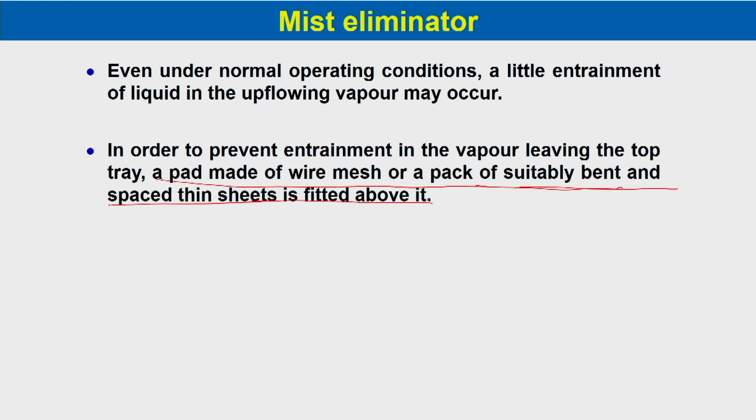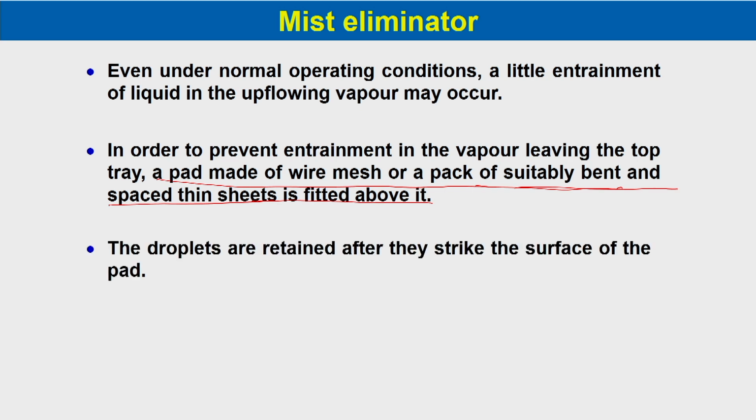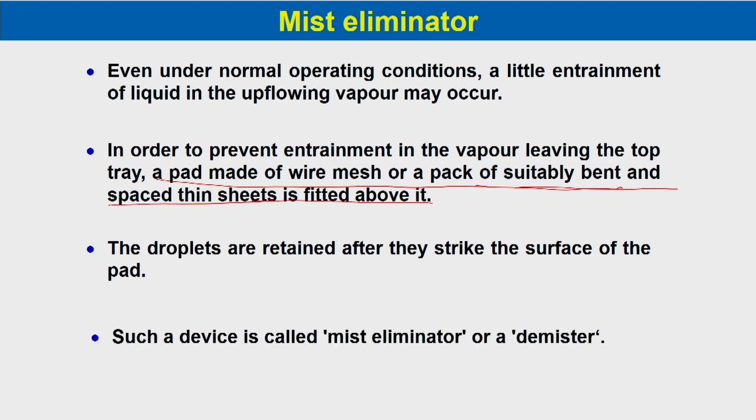So, at the top, before going out of the tower, there is generally a wire mesh which eliminates the mist going out. So, it is known as a mist eliminator. The droplets are retained after they strike the surface of the pad. Such a device is called a mist eliminator or a demister.